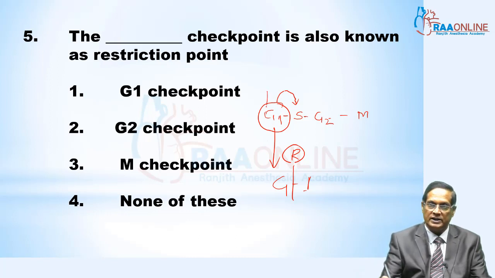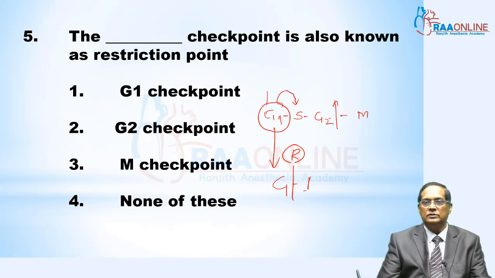The first checkpoint is in G1. The second checkpoint takes place in between G2 and M, because the cell is entering M phase.